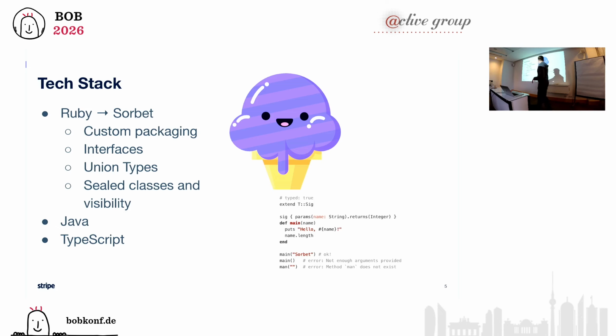And then here's a little example. It's actually kind of neat. This is Ruby code. You could run this without Sorbet and it'll work. The reason this works is quite interesting, because in Ruby you can hook into your module when things are called.